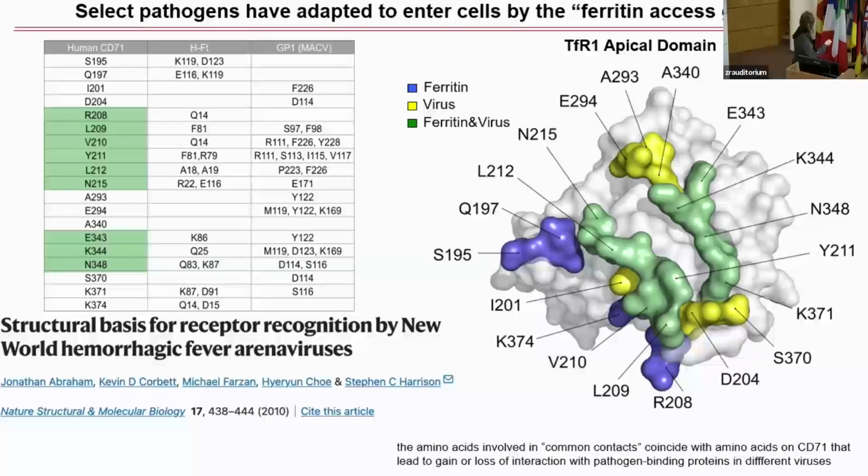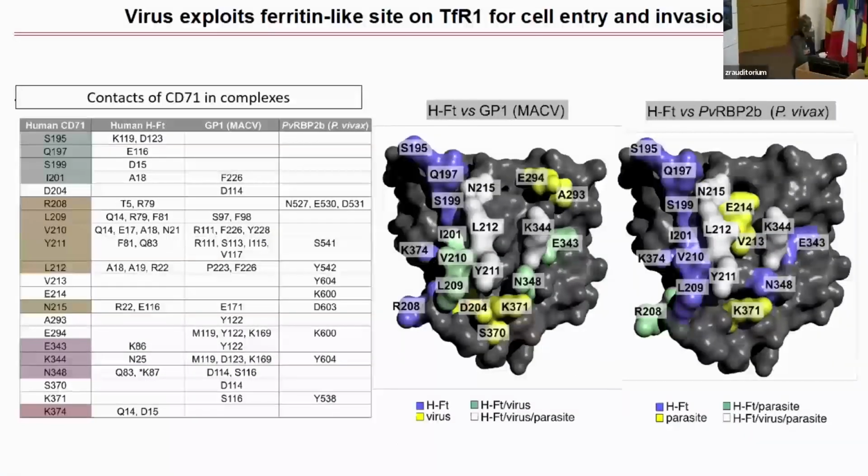And these are the residues on the CD71, the common contacts between ferritin and the Machupo virus that are central to the domain. And in the center of the domain, this is also the comparison between the human ferritin complex, Machupo virus complex, and receptor binding protein of Plasmodium vivax.